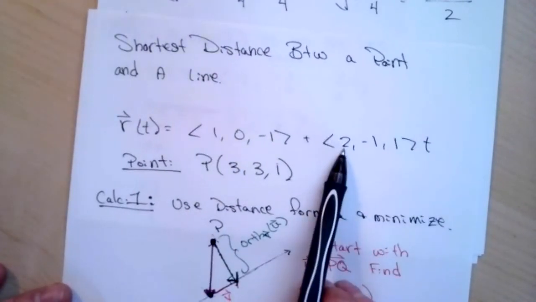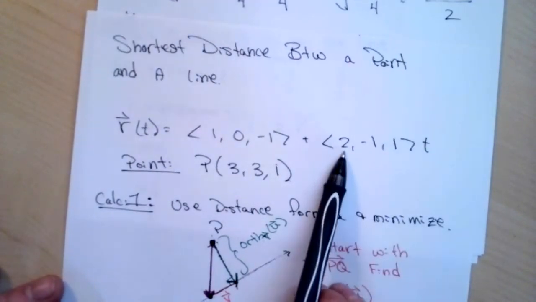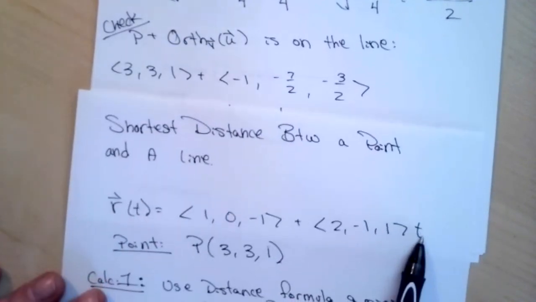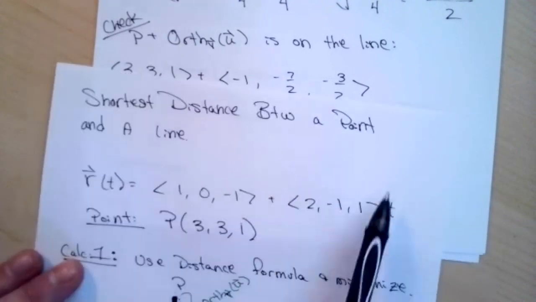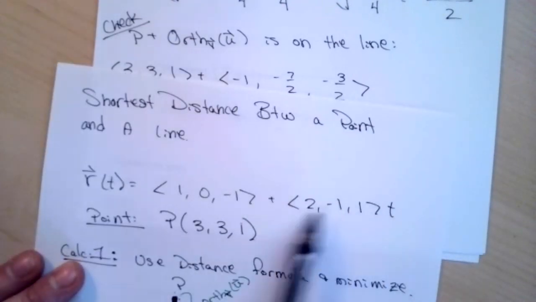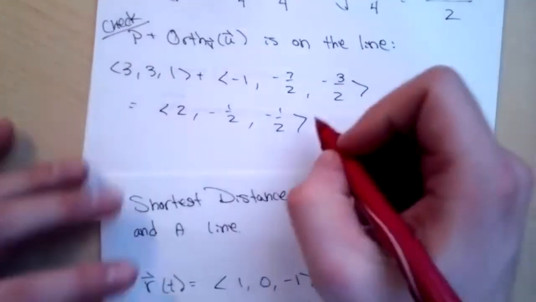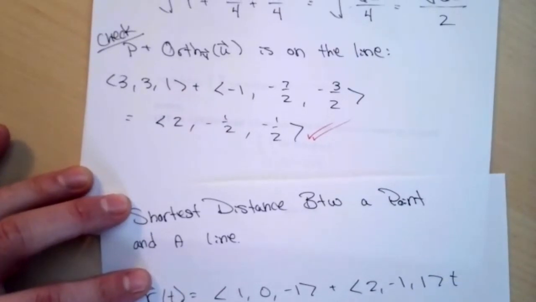Since our directional vector is 2, we need t to be 1/2. Sounds promising. If t is 1/2, we get 2 in our x coordinate, -1/2 in our y coordinate, and -1/2 in our z coordinate. Boom, we got it. Good, no mistakes here. So it looks like we got it right.